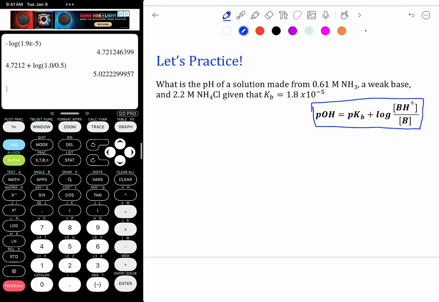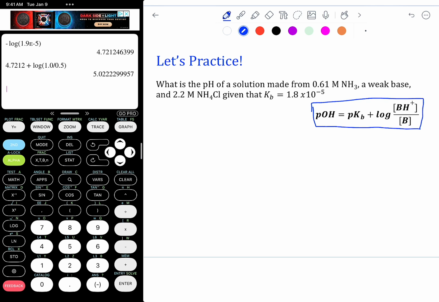So, what is the pH of a solution made from 0.61 molar NH3, a weak base, and 2.2 molar NH4Cl, given that the Kb is equal to 1.8 times 10 to the minus 5? So our Henderson-Hasselbalch equation is set the same way.